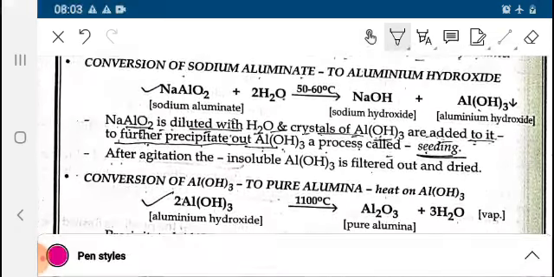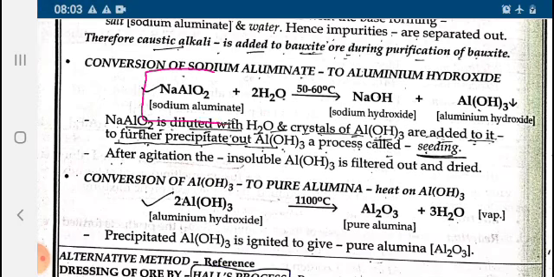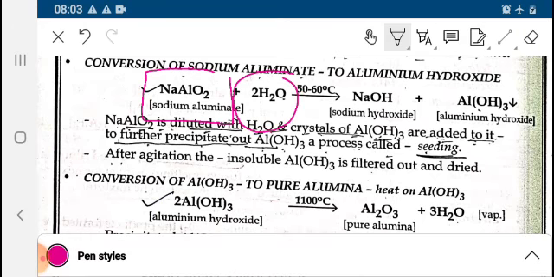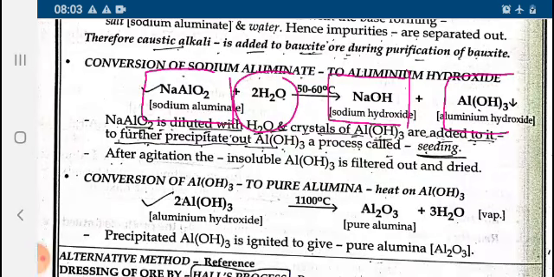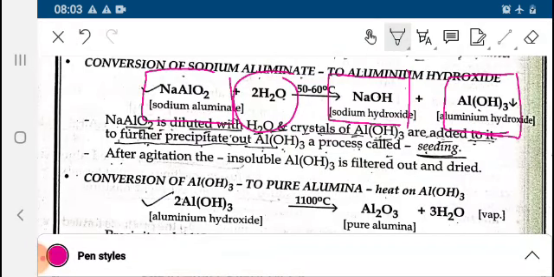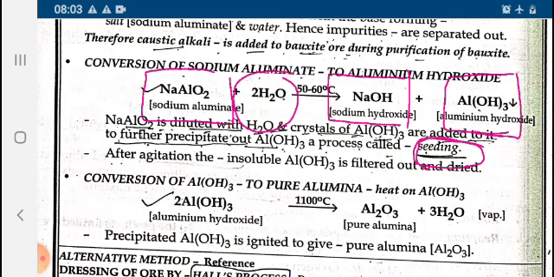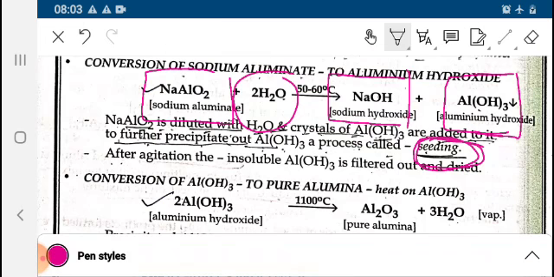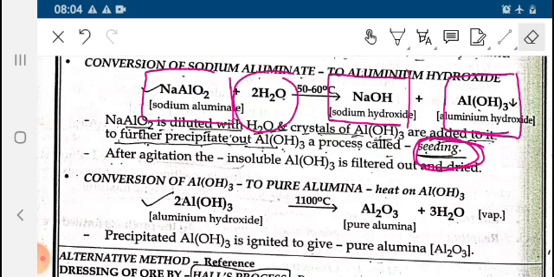Now in the second step, when sodium aluminate is formed, it is treated with water to give NaOH and Al(OH)3. This process is known as seeding.